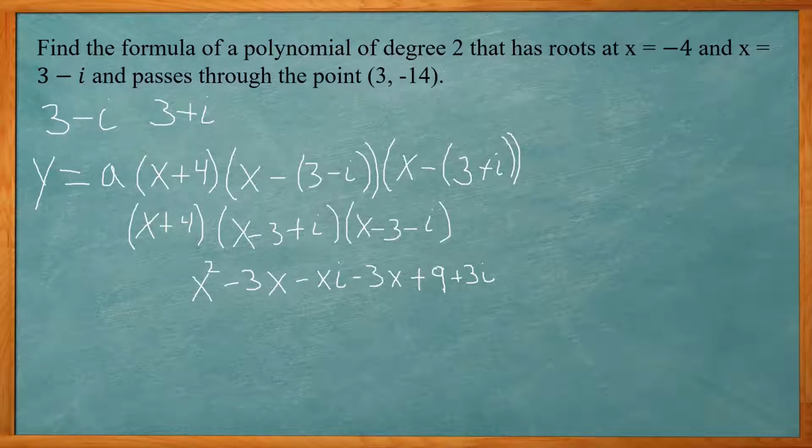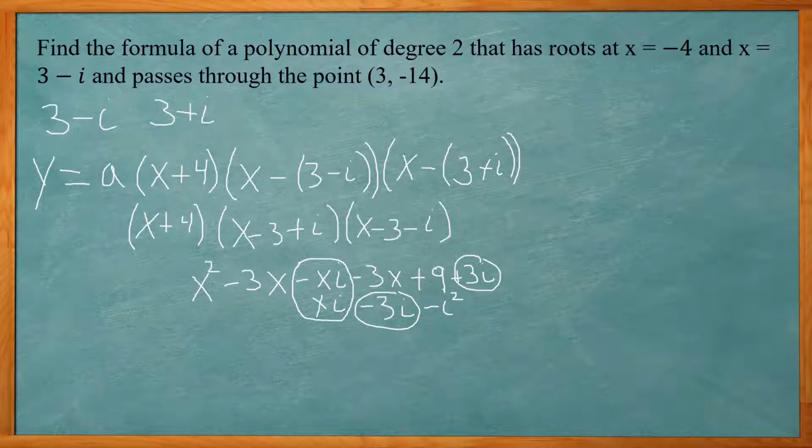Then I'm going to have i times x. This will give me a positive xi. And i times negative 3 gives me negative 3i. And then i times negative i is negative i squared. All right, so from here I want to combine like terms. You can see I have a negative xi and a positive xi. It's going to add up to 0. I got negative 3i, positive 3i that adds up to 0.